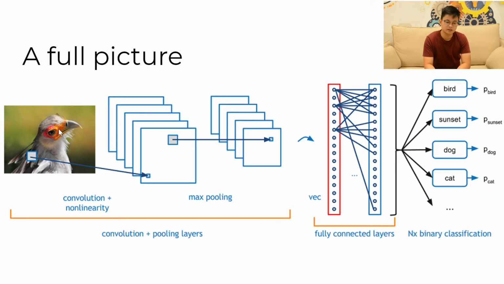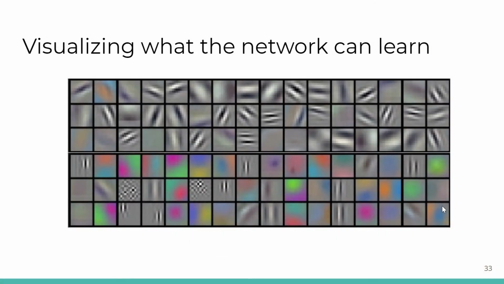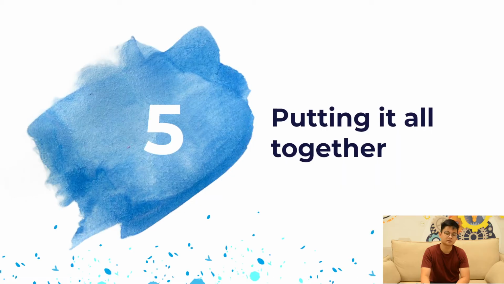Basically what is happening here is you are extracting features from an image to get a higher level feature. Then you flatten it out into a vector, feed that to a fully connected layer, and then classify accordingly. This is what the network can learn throughout the training process. As you can see, it may learn features such as edges or curves, right? And then along the way it will extract more complex features.